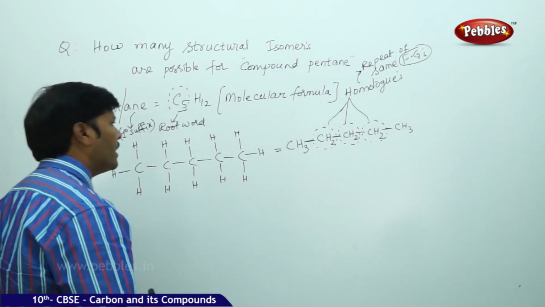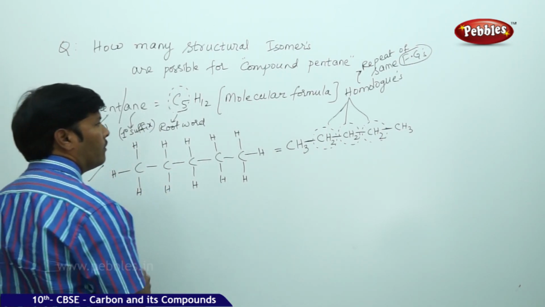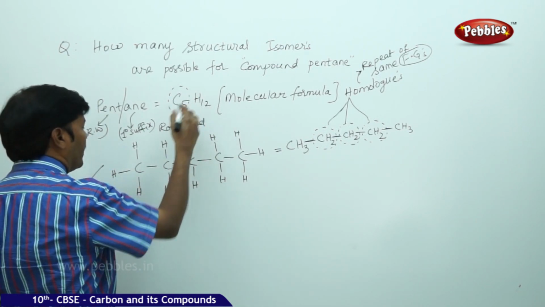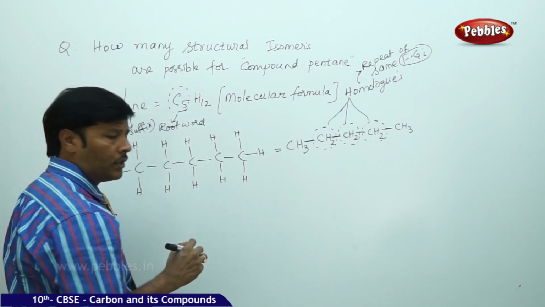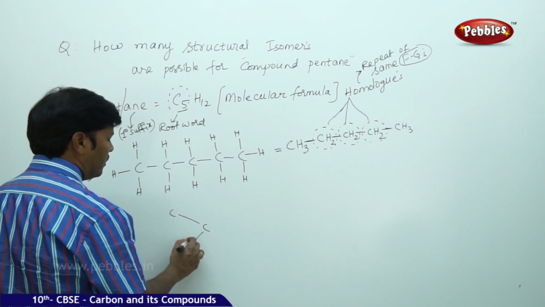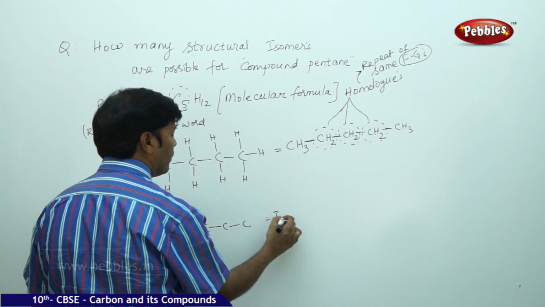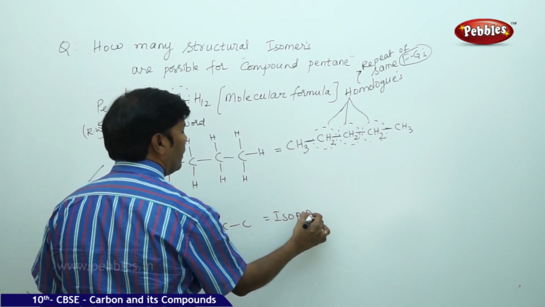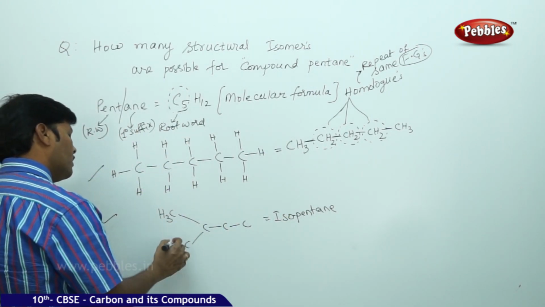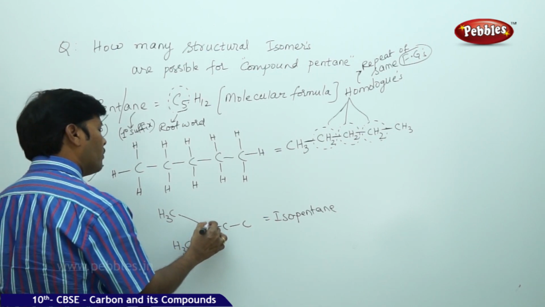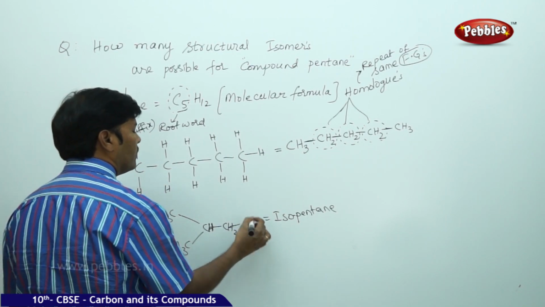So this is pentane, the first isomeric structure for the molecular formula C5H12. For the second isomeric structure, I am going to create a branch. This is called isopentane. Satisfy the tetravalencies: CH3, single bond CH3, again 3 covalent bonds, so take one hydrogen here, again here CH2, and here CH3.